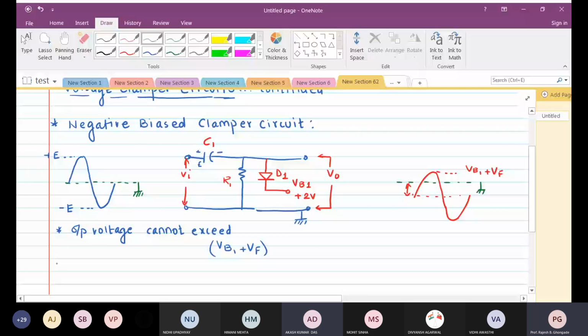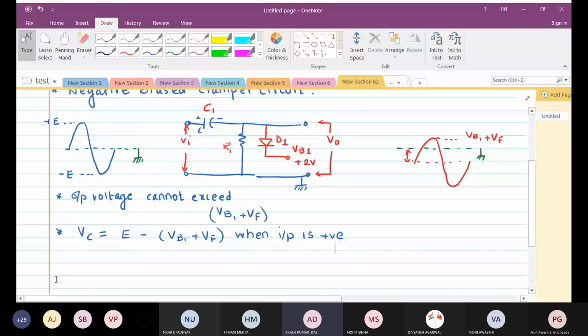The capacitor will charge to E minus (VB1 plus VF) when the input is positive. Understand this? Understand this first. So what is the value across the capacitor? Guys?